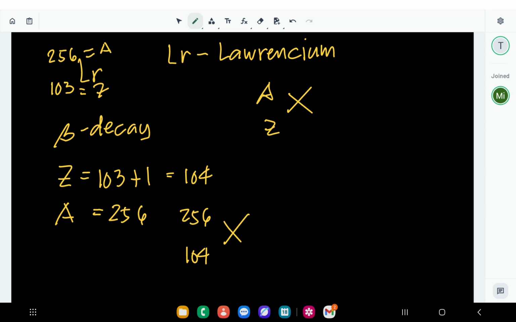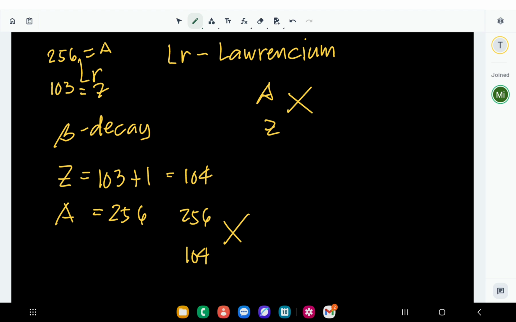So take a look at the periodic table. Which element has an atomic number 104? Do you have Rutherfordium in your periodic table?